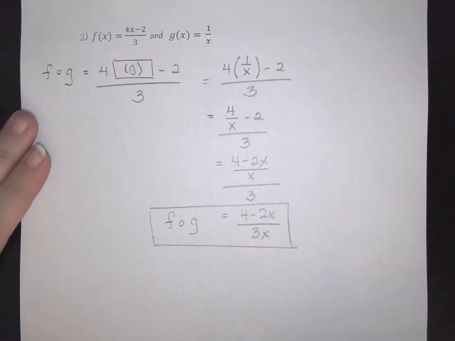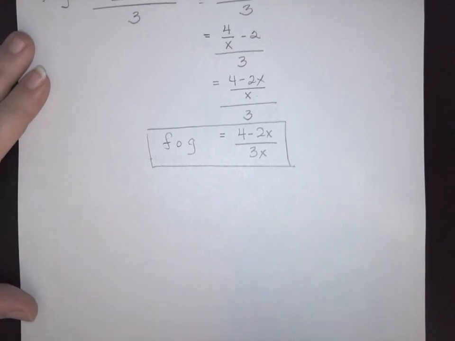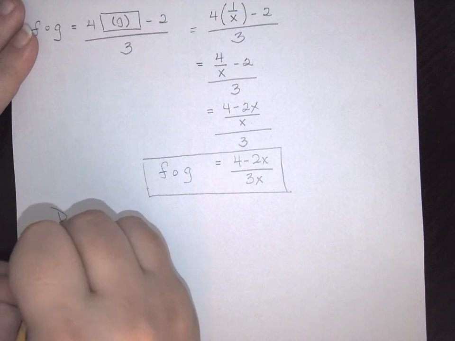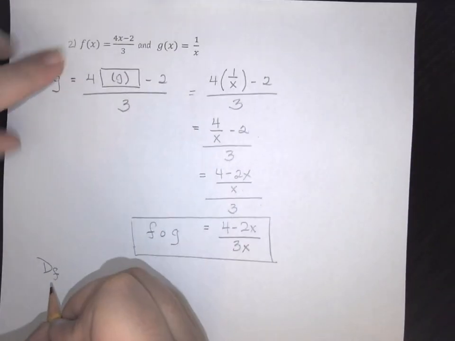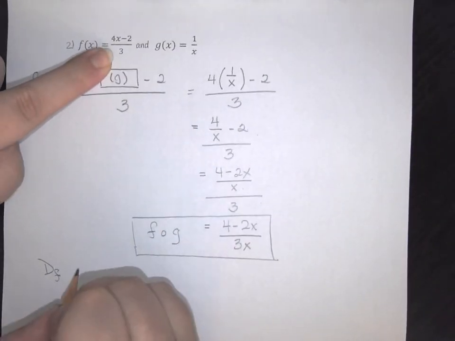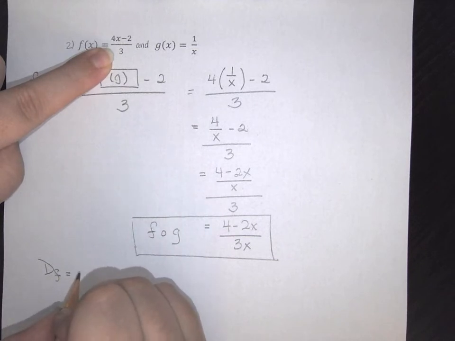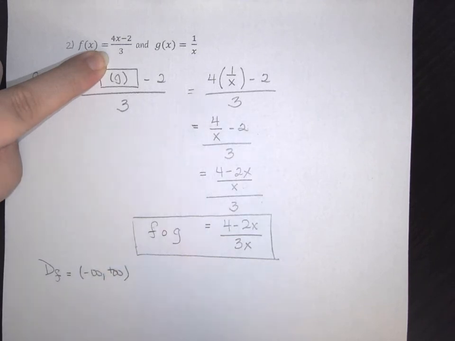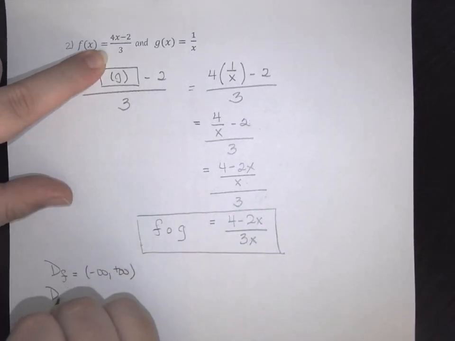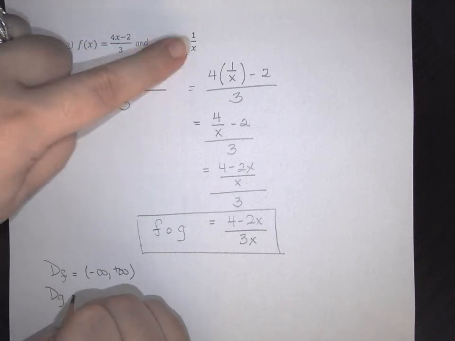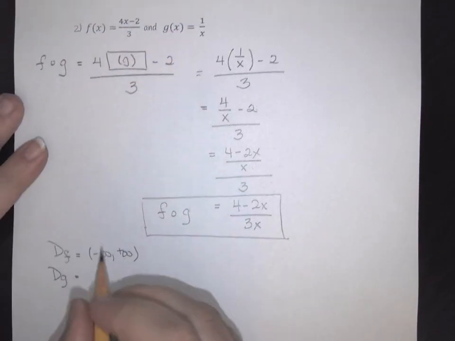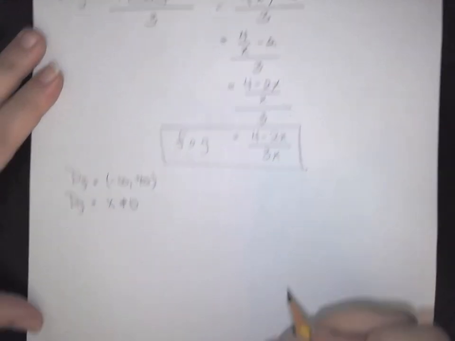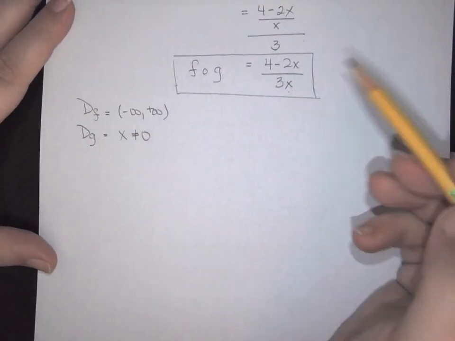Now with that, I need to be able to find its domain. So the first thing is I want to look at the domain for my f. So if I look here at f, notice I'm not going to have any problems. So this is going to be negative infinity to positive infinity. If I look at my domain of g, notice here I have an issue at 0. So in this case, x cannot be 0. So now I need to look down here at my f of g.